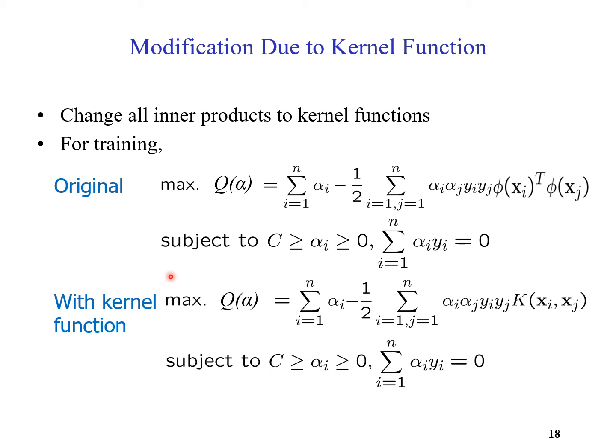So this is the final dual problem of SVM in the higher dimension. Now by using this, we are able to solve this non-linear problem. This is the final dual problem of non-linear SVM.